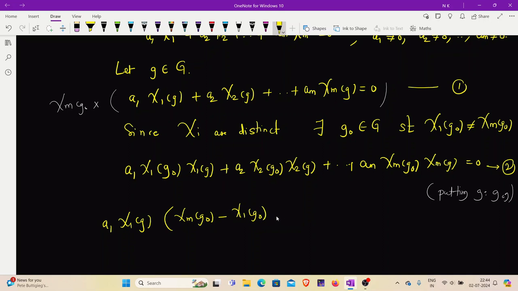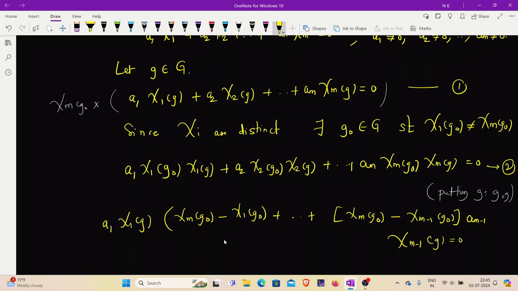Plus, if we continue like this, the last term will get cancelled, so the second last term will be chi m of g naught minus chi m minus 1 of g naught, into a m minus 1 chi m minus 1 of g equal to 0.